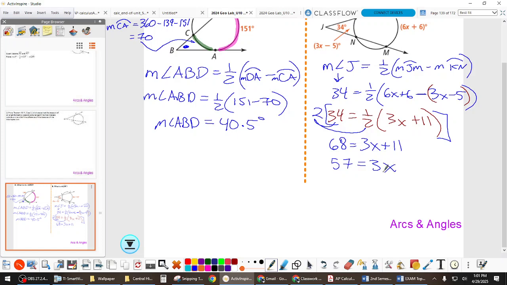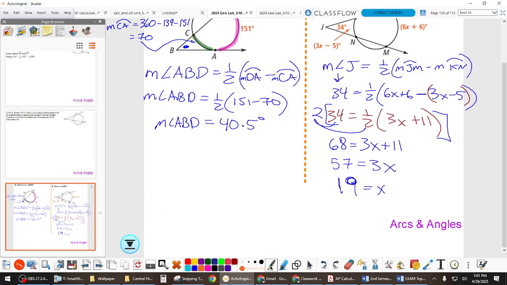I went the wrong way. Well, that's a whole number. Let's see. It's 19.